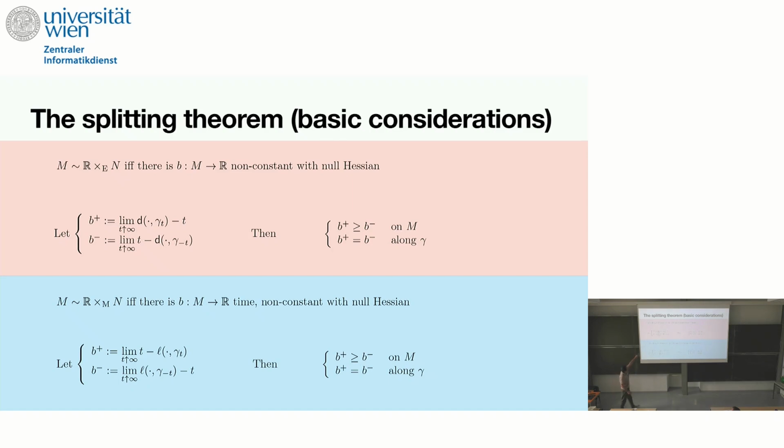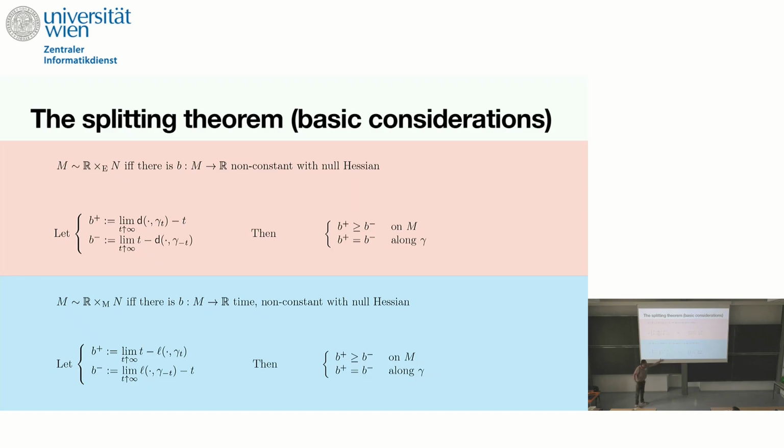You just look at these limits, and by basic considerations about the triangle inequality, this limit exists. In general, regardless of curvature bounds, this b plus, the limit when you go to plus infinity, is always above b minus, and they are equal along the geodesic.